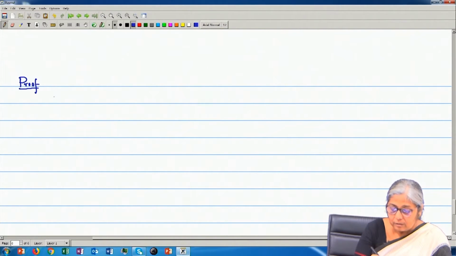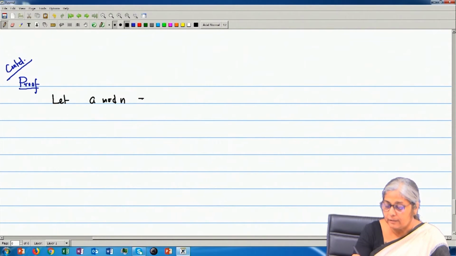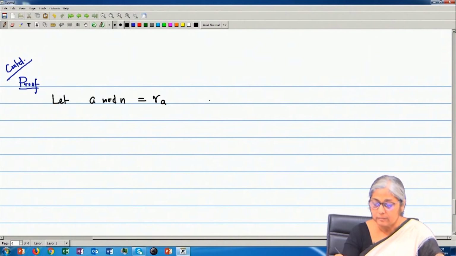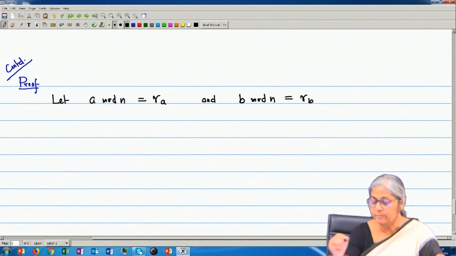Let a modulo n, that means when a is divided by n, be Ra, and b modulo n, when b is divided by n, the remainder be Rb.